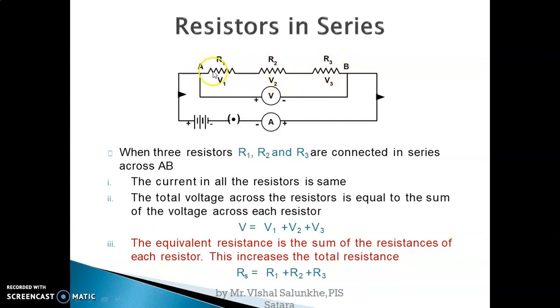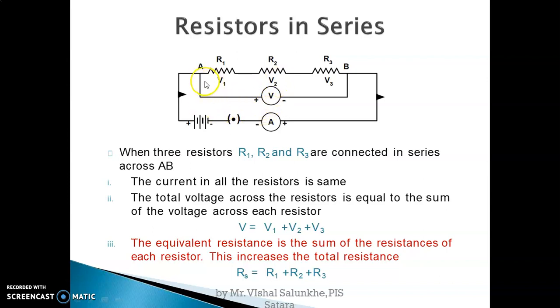This combination, the connection of resistors one after another, is called a series combination, because the second terminal of R1 is connected to the first terminal of R2, and the second of R2 to the first of R3. So there are some basic things I want to mention.